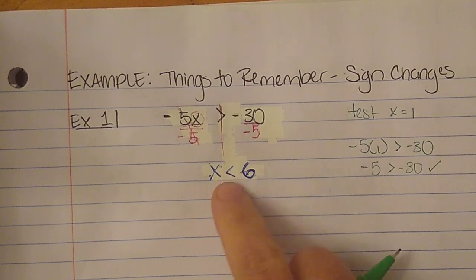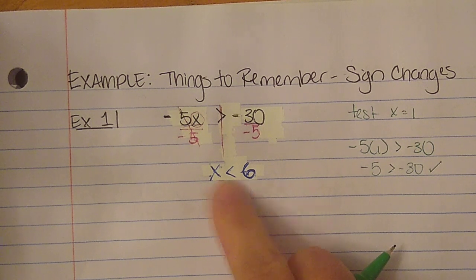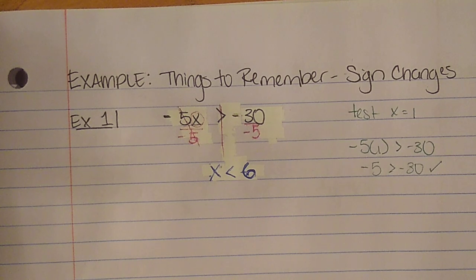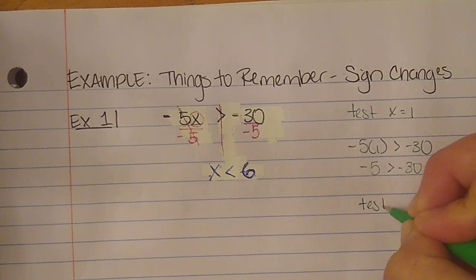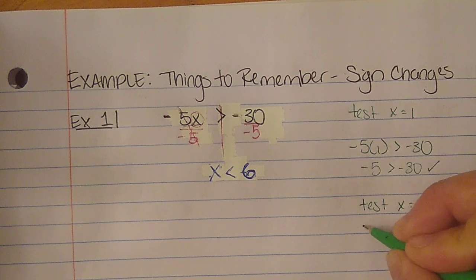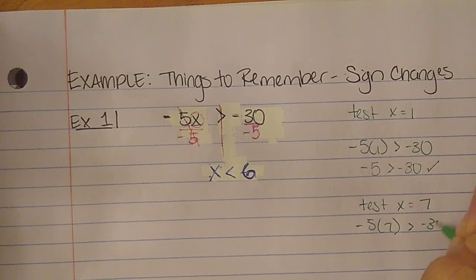Now, let's think about if we had not changed that inequality and kept it as x is greater than whatever our solution was going to be. So in this case, if I had done x is greater than 6, any number greater than 6 should work. So I will test x equals 7, a number greater than 6. Negative 5 times 7 greater than negative 30.